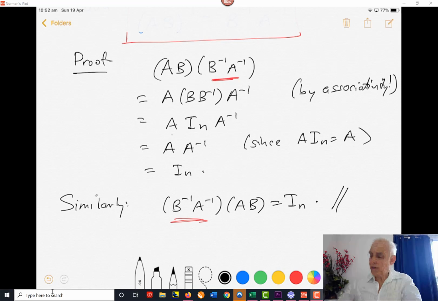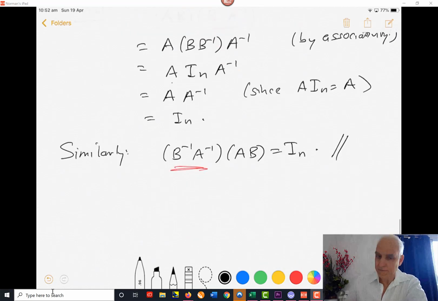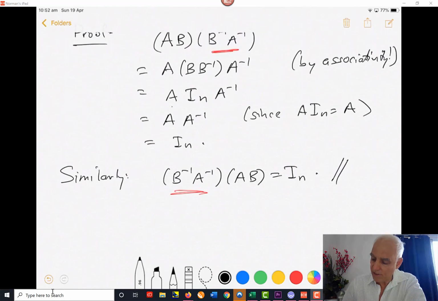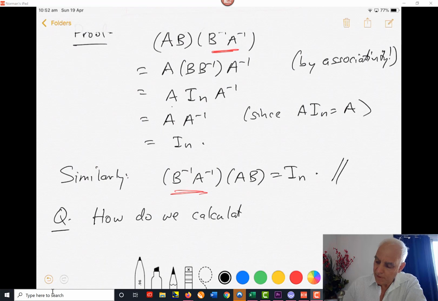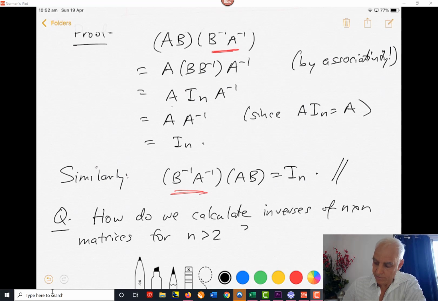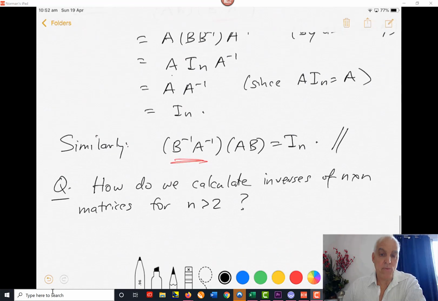Great. There are a number of important questions that we still need to address. One of them is: how do we calculate inverses of n by n matrices for n bigger than 2? That's a very important question.